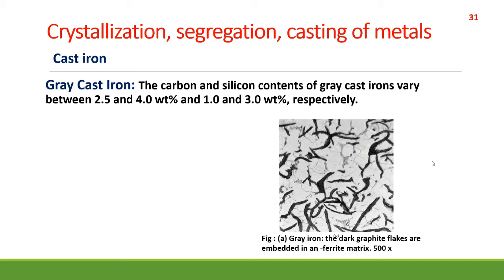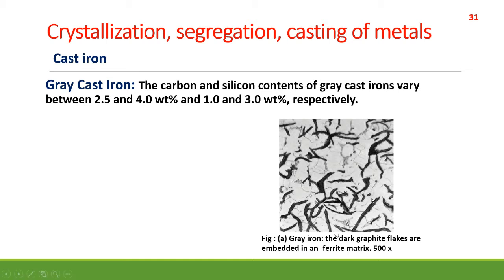Gray cast iron is the kind of cast iron where you have a certain composition of both carbon and silicon. The composition is given here. The carbon and silicon contents of gray cast irons vary from 2.5 to 4 weight percent of carbon and 1.1 to 3 weight percent of silicon. So if we have this composition, we can get gray cast iron.